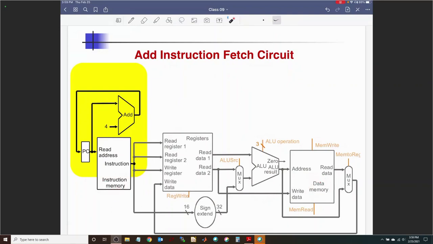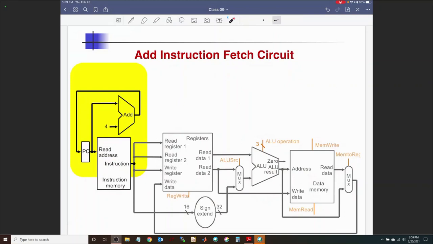Just so that we can talk about how PC does its job, how the instruction fetch cycle happens versus all the other steps happening. So for the instruction fetch, the program counter is a register which will have the address of the next instruction. So you give me the address and you read, that's your instruction coming out, right?